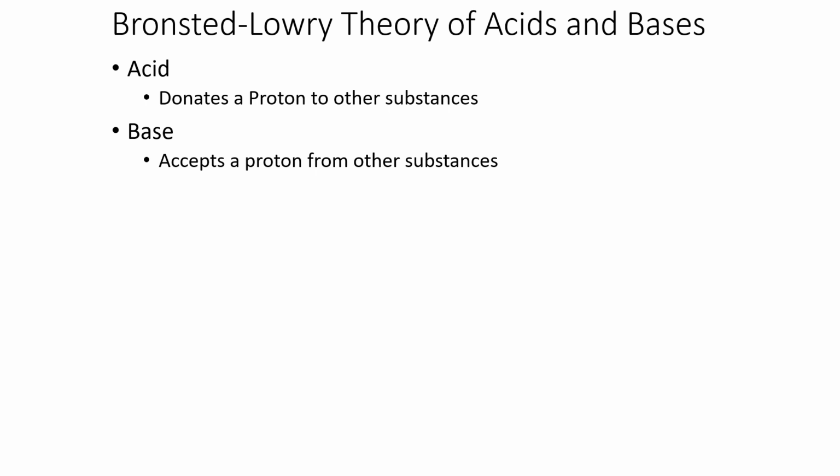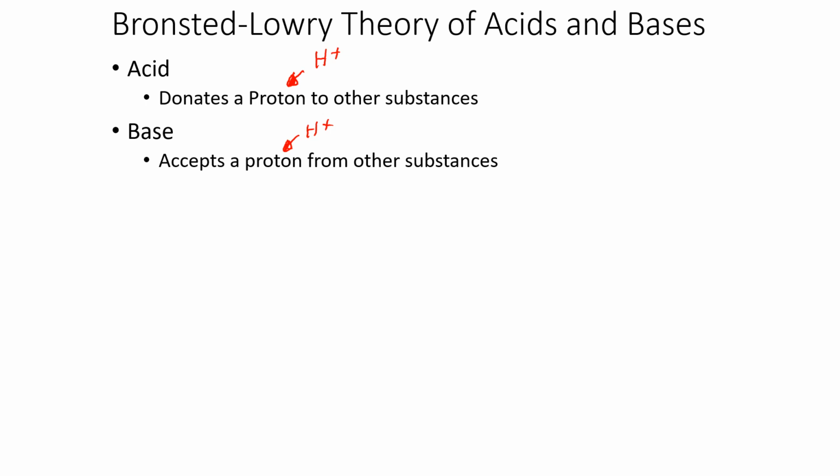And Bronsted-Lowry changes it and says that acids donate a proton to other substances and bases accept a proton from other substances. I want to emphasize that the word proton here means H plus, right? Because hydrogen ion is the same as a proton.